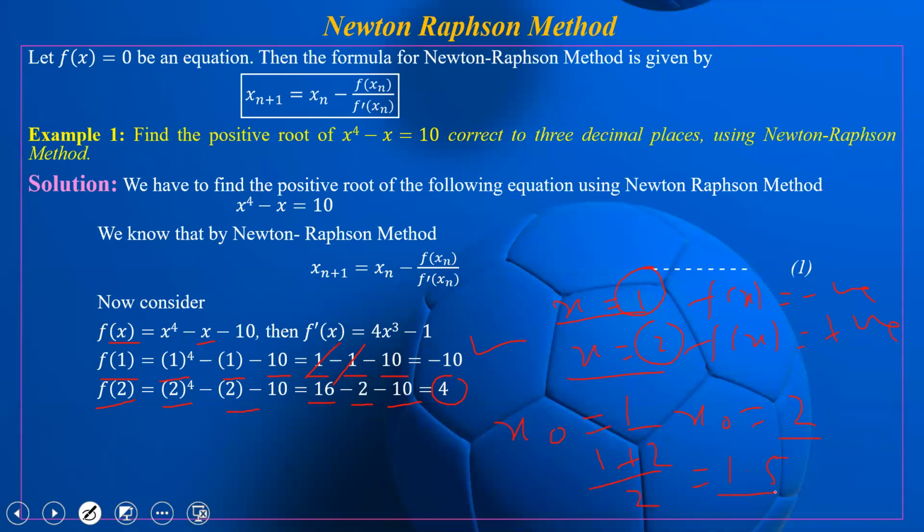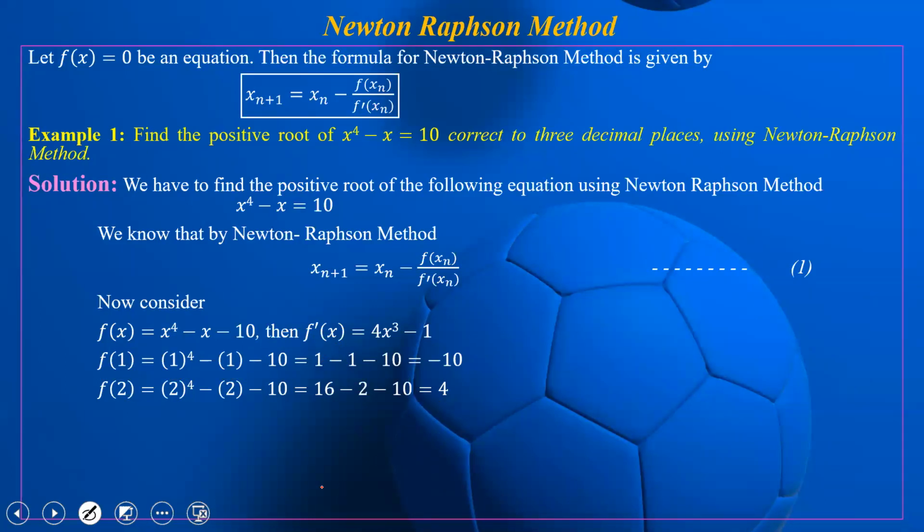Either we can take x0 equal to 1, x0 equal to 2, or x0 equal to 1.5, or sometimes 1.2 or 1.1 and so on. We are free because with the Newton-Raphson method, the iteration process is very fast. If we put a very near value, then the answer comes in 2 to 3 steps.